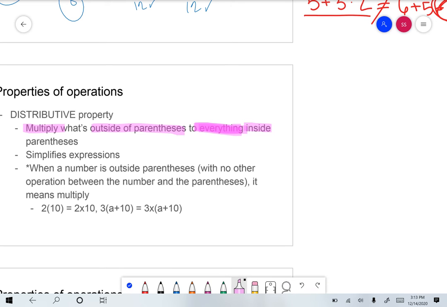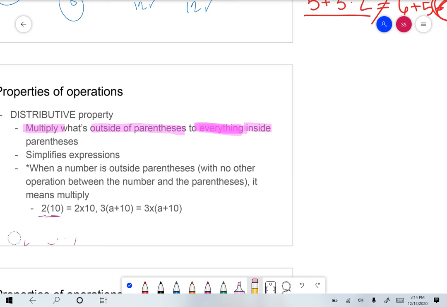Now, let's back up for a second, and I'm going to talk about parentheses. If you ever see a number outside of parentheses without any operation between the number and the parentheses, so instead of saying 2 plus this or minus or divided by or times, you just have 2 outside of the parentheses like that, it means to multiply.